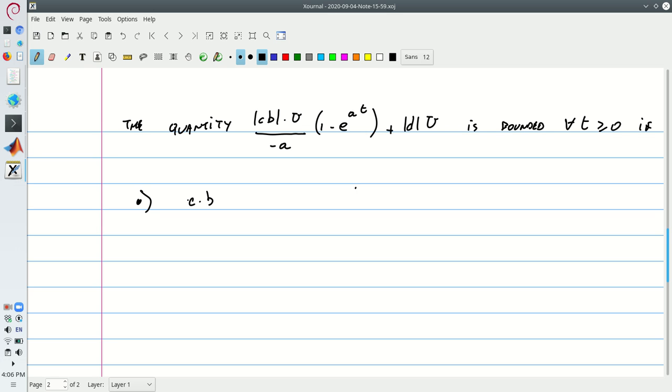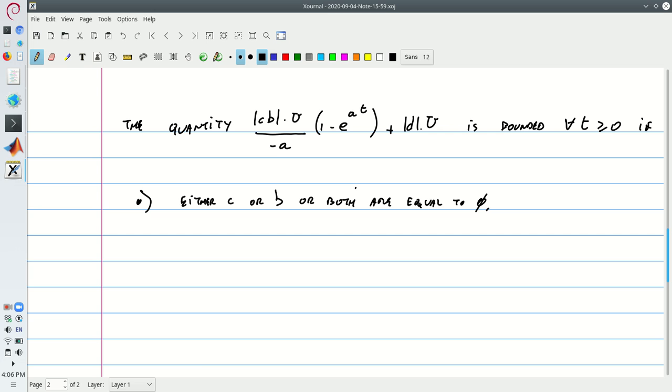C times B, so either C or B or both are equal to 0. If this is verified, this term with the exponential doesn't give us any problem because it kills the only term that depends on t, and this other term here is just a scalar quantity.